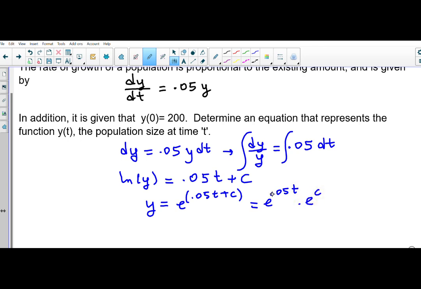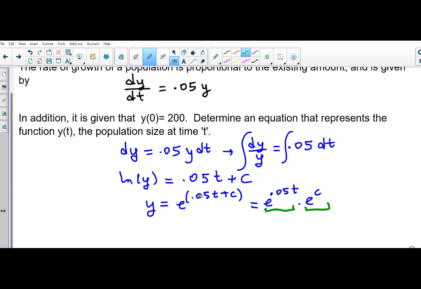And I went over this in the last segment, but just a quick refresher, if you're wondering how I can separate it like that, well, think about going backwards. If you're going to multiply these two quantities on the right side, since the bases are the same, you would be adding the exponents, right? So you can verify that if you multiply these, you're actually going to get e to the 0.05 t plus c. And so this is a pretty common technique to split the quantity.